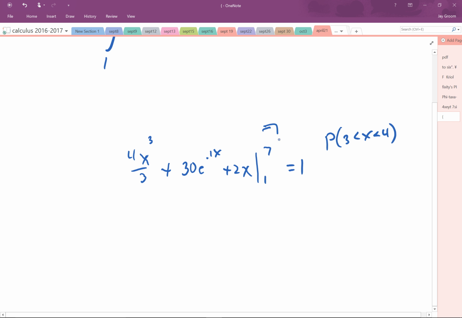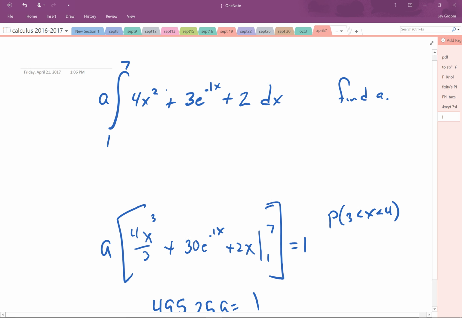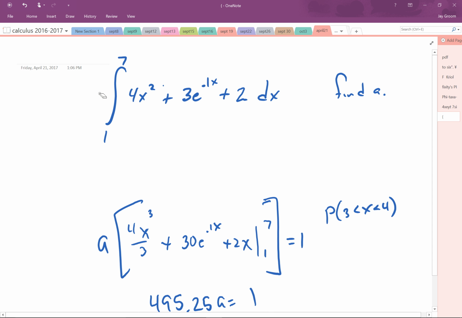So listen, this is 495.25. A equals 1, so A is 1 over 495.25. Okay, that's it. I did something wrong: I didn't put 2A, I just put plus 2. That'll change it just a little bit.